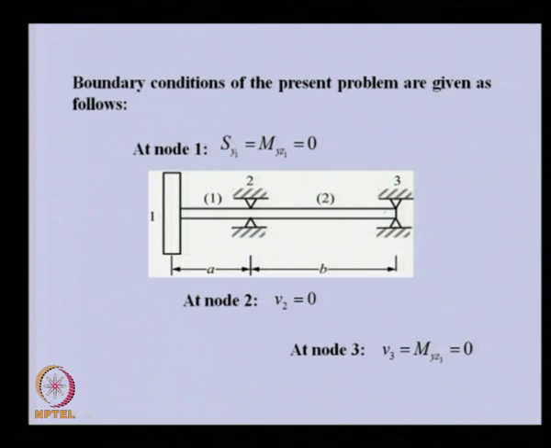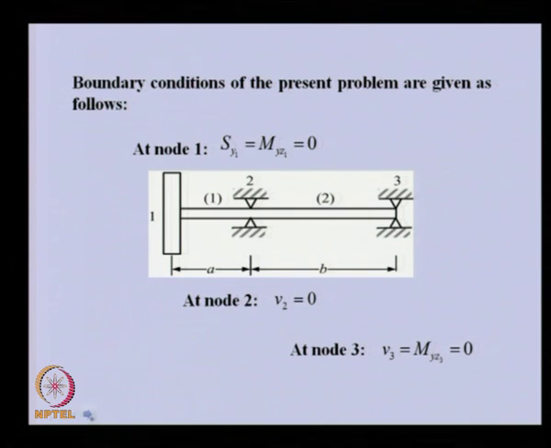This is very important to observe, the difference between these two support conditions, because on the right hand side, there is no further extension of the shaft. So the bending moment is 0, and because of that we get this. But here, because this shaft is continuous, there will not be 0 bending moment at this location.